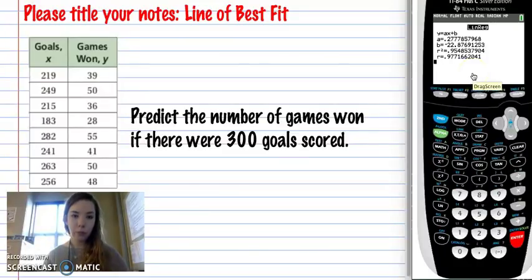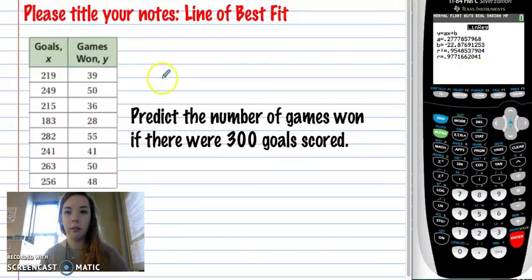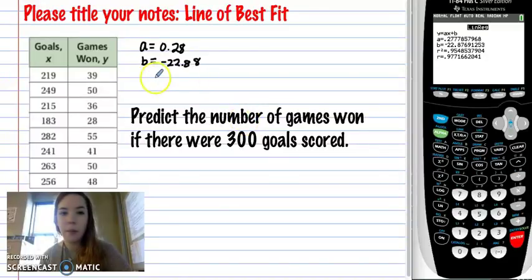So we know that, let's go ahead and write this down. We have y equals a. Here, let's just write down what's on our screen. So we have a equals, let's round to the nearest hundredth, so 0.28. B is negative 22.88 if we round.